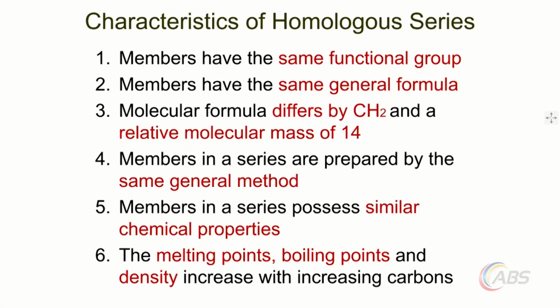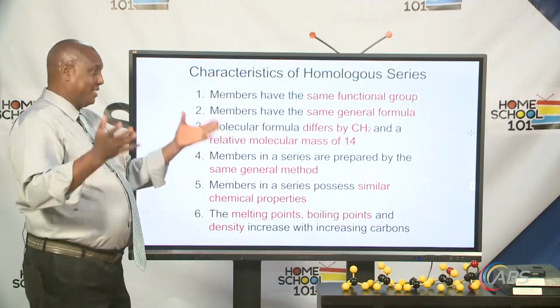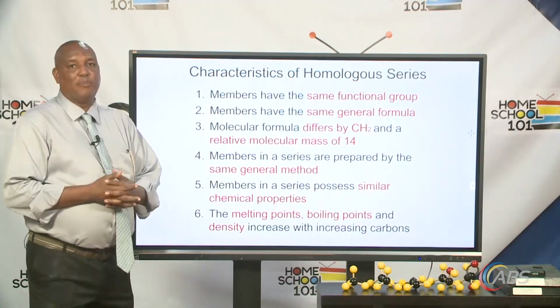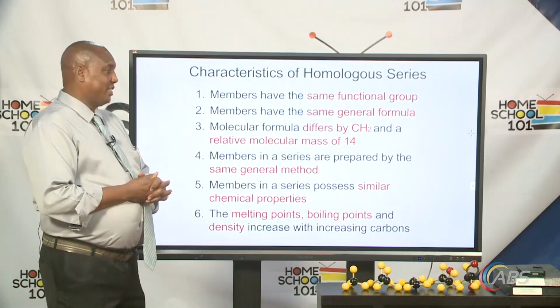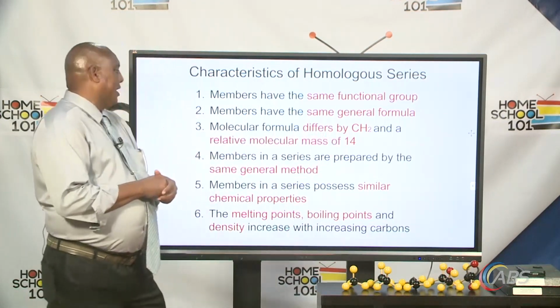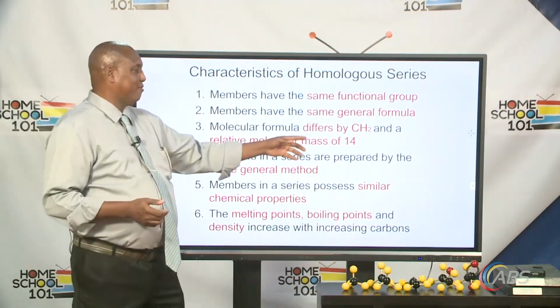Now, some characteristics of homologous series. The members have the same functional group. As mentioned before, they have the same general formula because they're in the same group. The molecular formula then will differ by CH2, 1 carbon, 2 hydrogens, CH2, and a relative molecular mass then of 14. Why a relative molecular mass of 14?